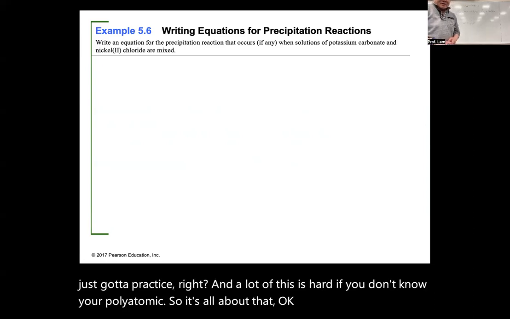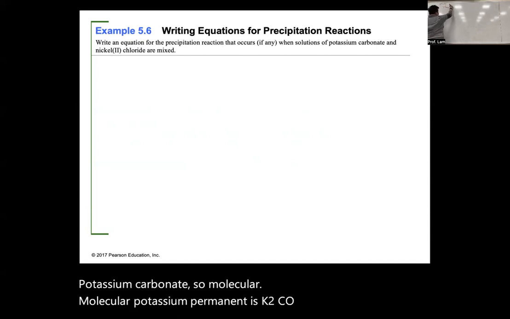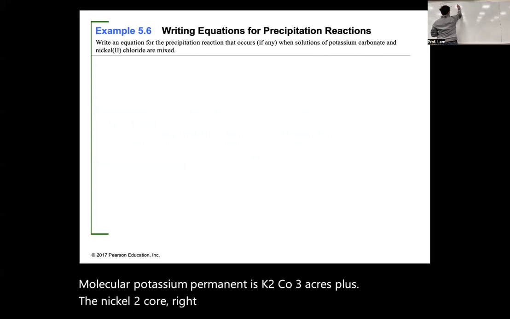So potassium carbonate, so molecular. Potassium carbonate is K2CO3 aqueous plus the nickel(II) chloride, so NiCl2 aqueous. Okay, so that's all it gives you.